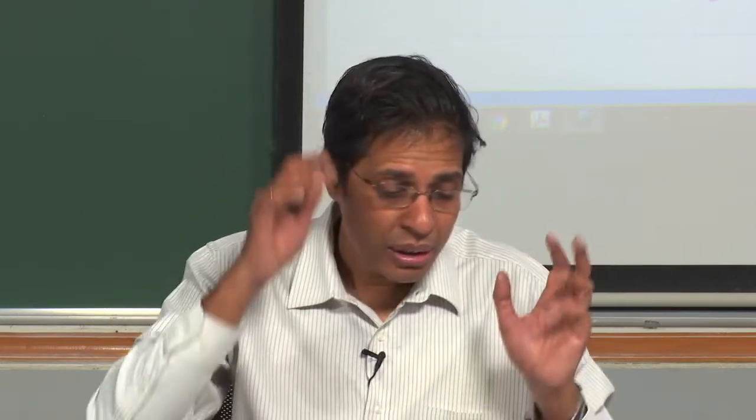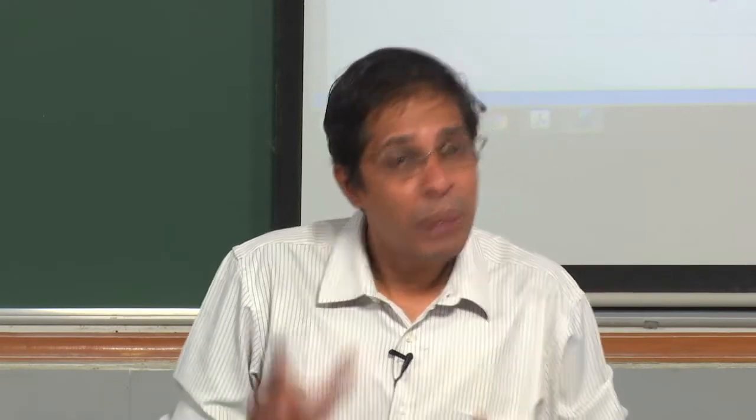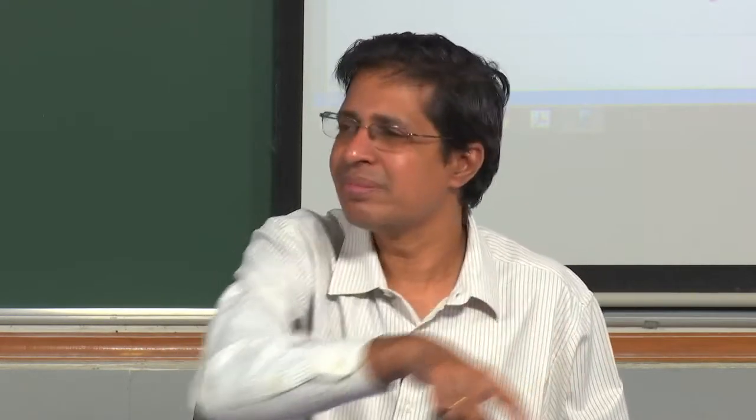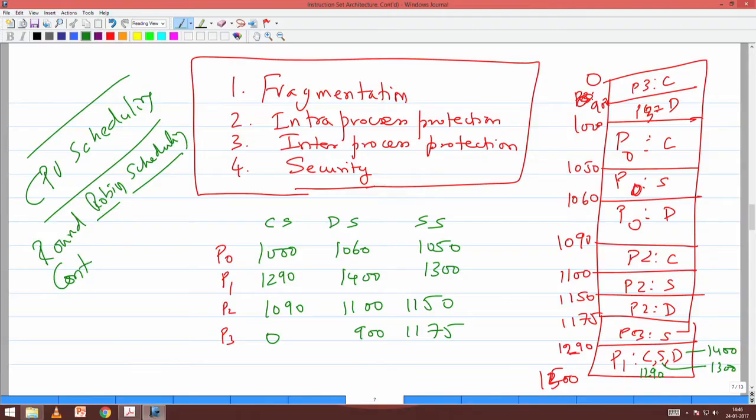You will learn a lot about scheduling, especially the Linux scheduler, the fair scheduler of Linux is very interesting. You will cover this deeply in your operating system course. But what you should understand is that the architecture has to support this. When I move from one process to another process, that is called context switching.